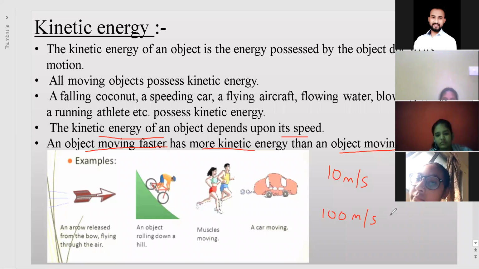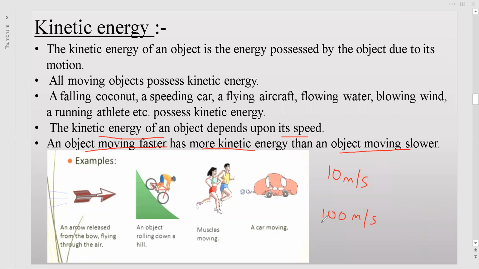In which case would the damage, or the effect on the other object, be more? In the case of 100 meters per second. Why? Because if the velocity is more, the kinetic energy would be more. So if energy is more, the work done by that car would be more.